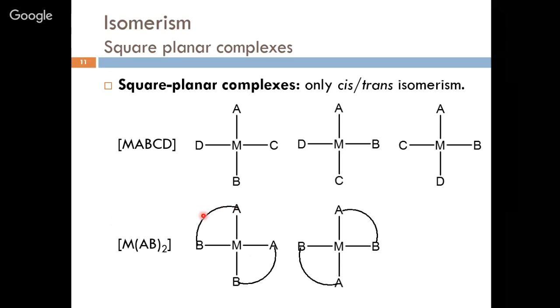If we have ligands that are bidentate, so in this case we have an A and B that are actually the ends of a bidentate ligand, then we can have a form where A is across from B on the other ligand, or where A is across from A on the other ligand. These are still basically cis-trans isomers.